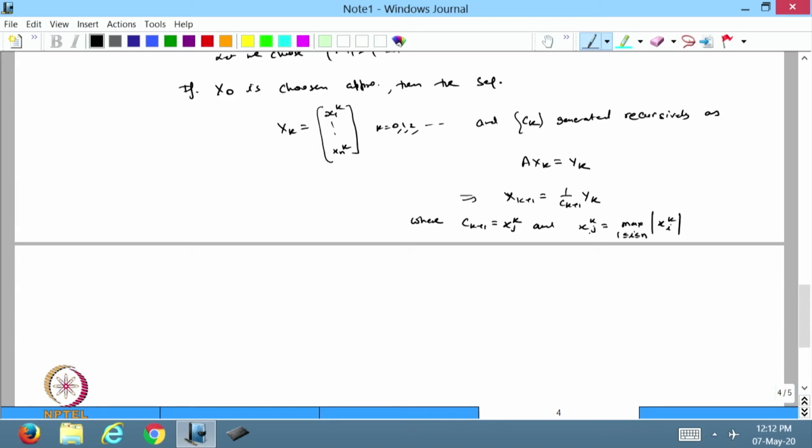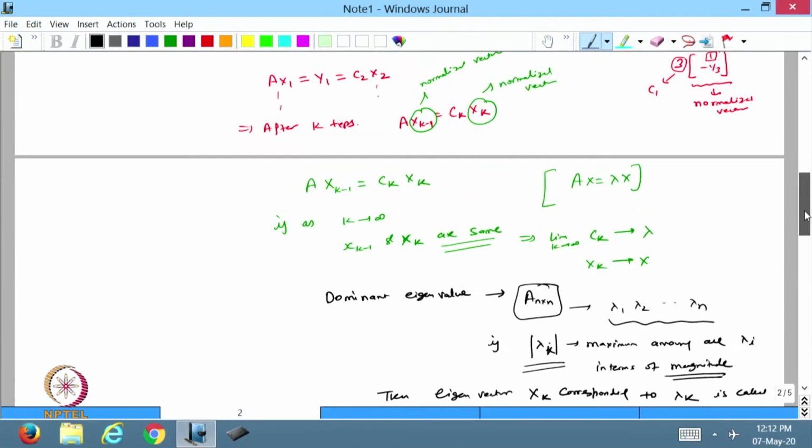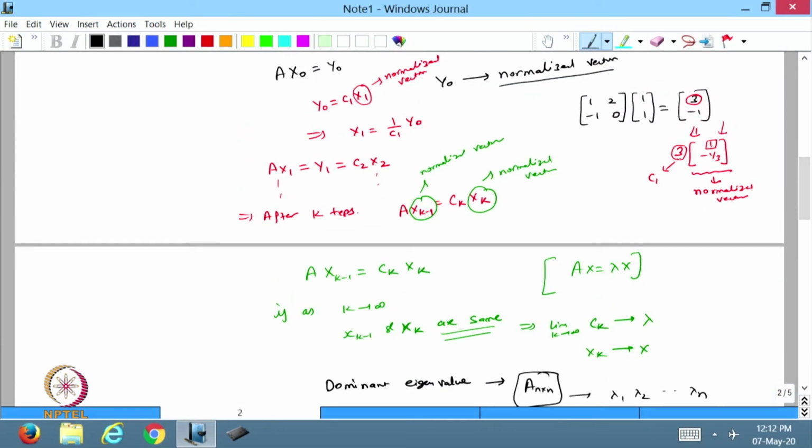I already told you that we should take the maximum value, and that maximum value I will take common, that is my ck, as we have discussed here. So, this is basically my ck, and that is the maximum value.